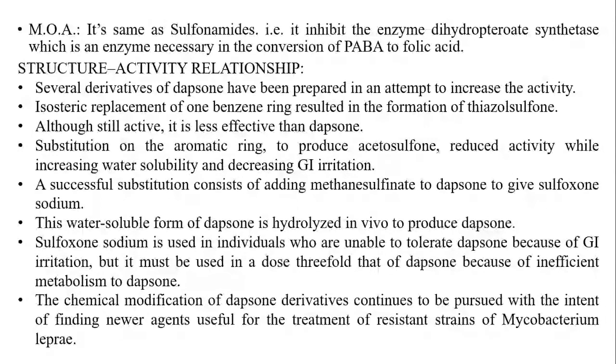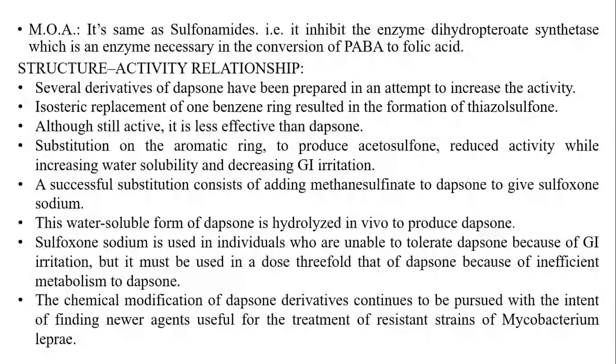So the organism will not get the folic acid for the synthesis of the bacterial cell wall. So once the enzyme is inhibited, the conversion of PABA to folic acid is also inhibited.